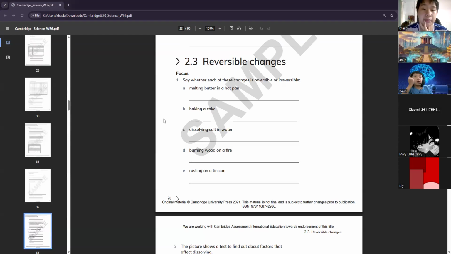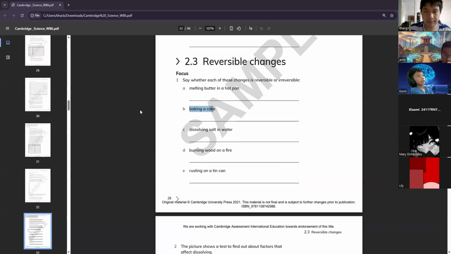So, anyways, now, is baking a cake reversible or irreversible? Anyone? I think irreversible. Why? Can anybody tell me why? Because you can't turn a cake back into batter.